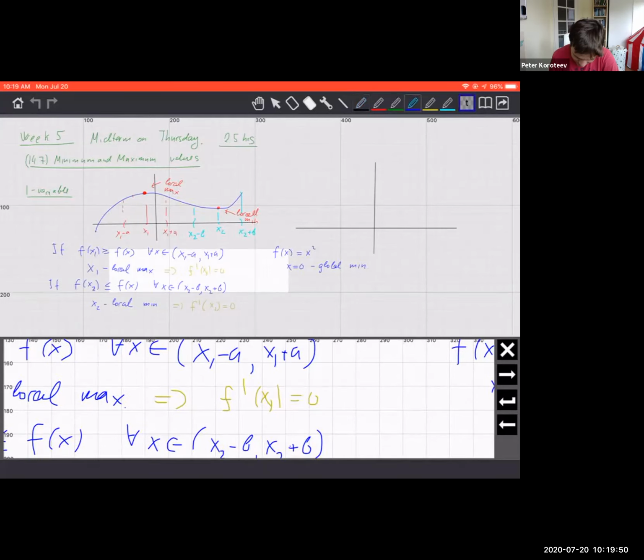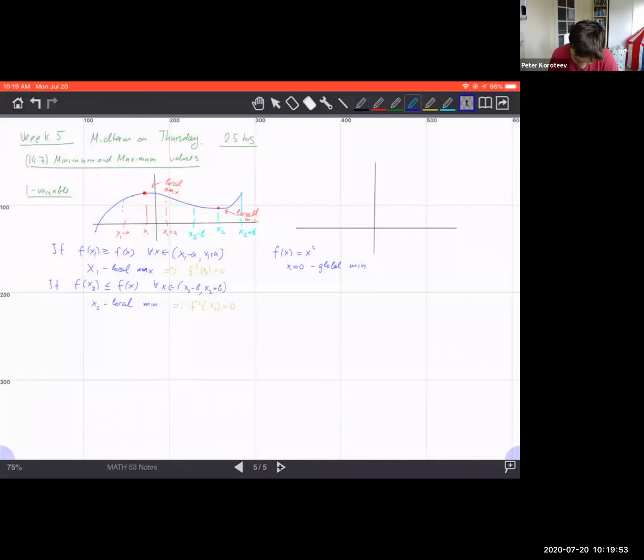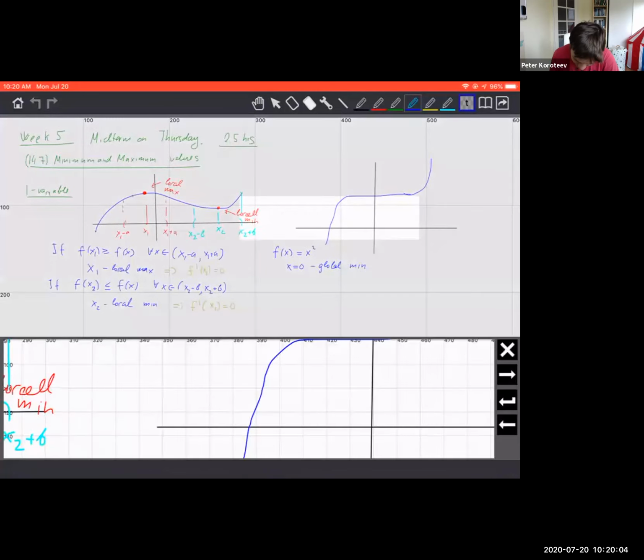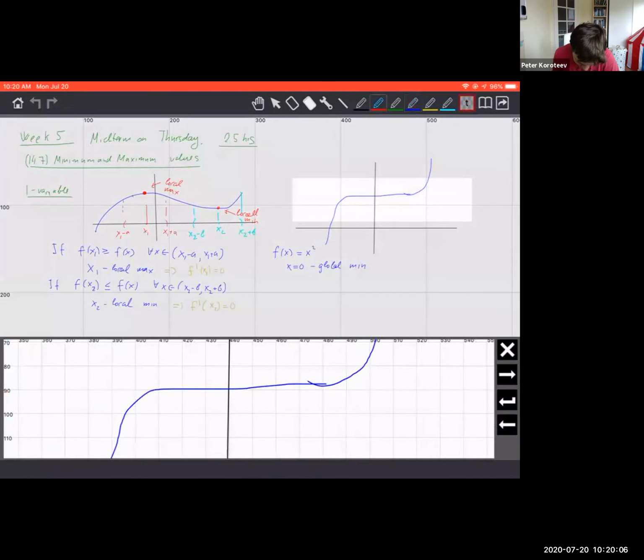You have a function that does something like this, and then it flattens, it plateaus, and then it goes up. According to the definition, every point over here, there are infinitely many, can be either a local maximum or a local minimum.